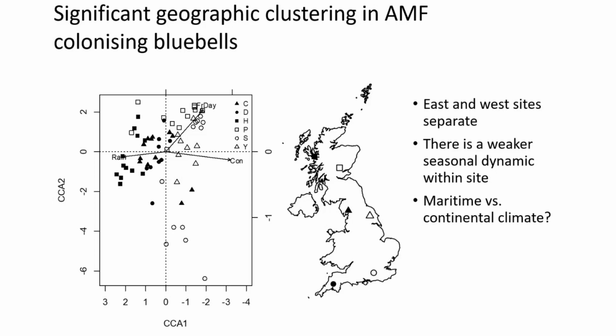So it's a way of clustering and seeing which samples cluster together. In this case, this is a fitted ordination, and it's fitted to Met Office 1 kilometre square climate data for the Ordnance Survey grids that these samples were taken from. And you can see very clearly that rainfall is associated with the western ones, funnily enough.